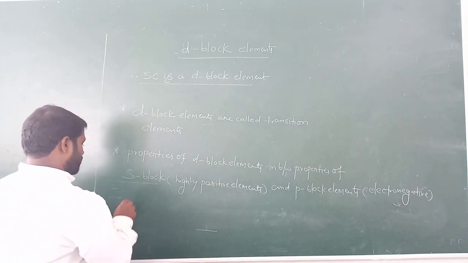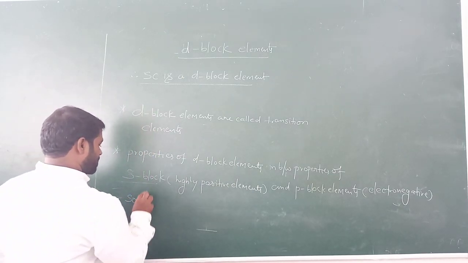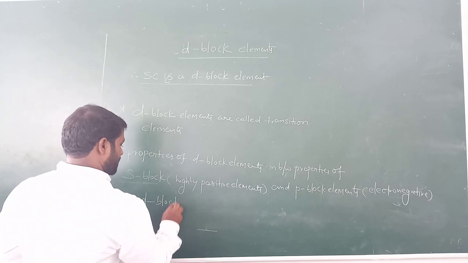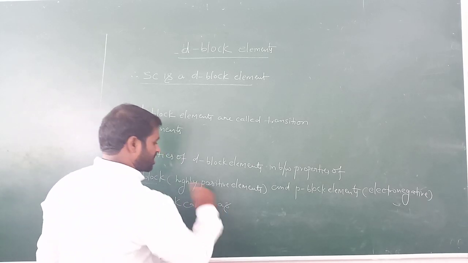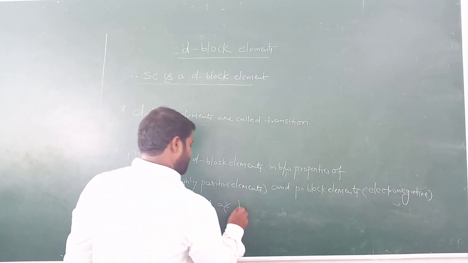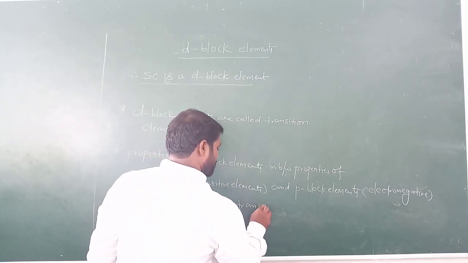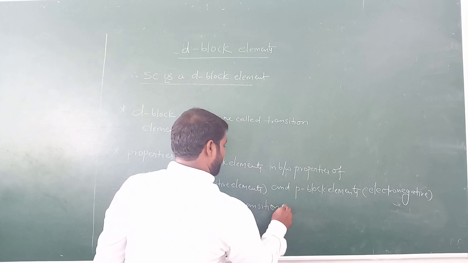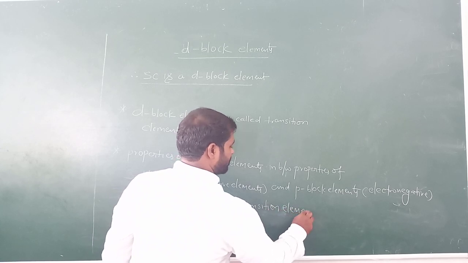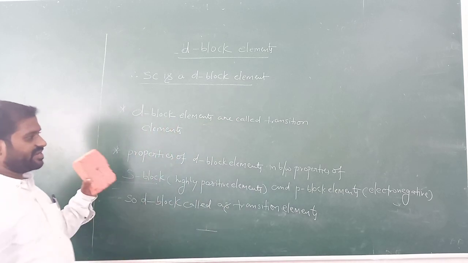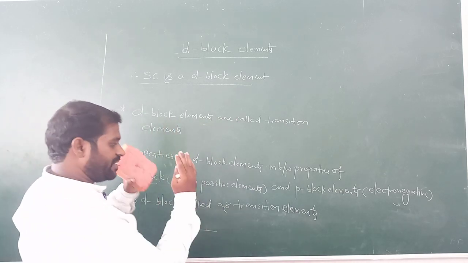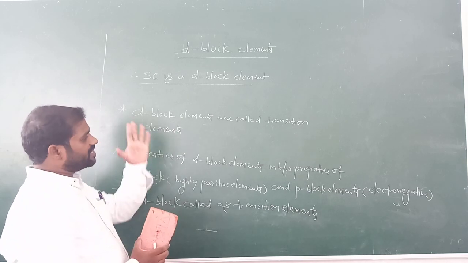So we call d block transition, in between, meaning transition elements. Clear? Why do we call them transition elements? Their properties are in between s and p block. So in the middle of the periodic table we have d block elements.